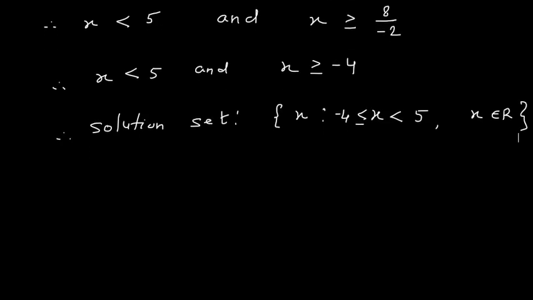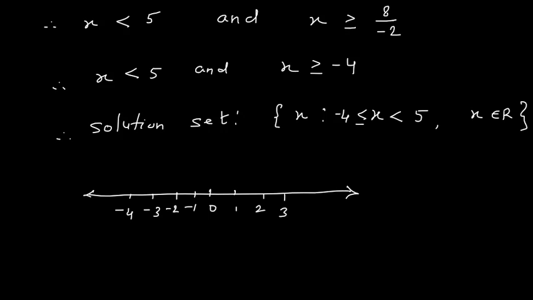This is my solution set, and if I have to represent it on number line, so I will draw a number line where I will mark 0, then minus 1, minus 2, minus 3, minus 4. On this side we have 1, 2, 3, 4 and 5.